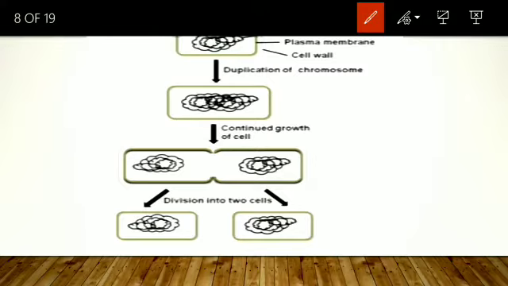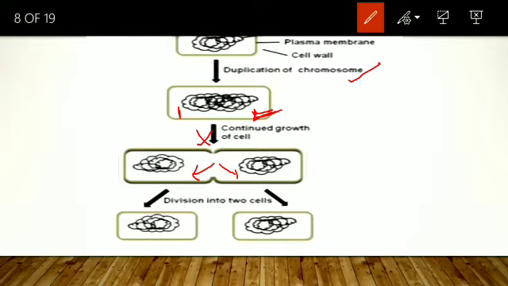So duplication of chromosomes is occurring. Duplication of chromosomes, that means doubling of DNA is happening. This is also called the replication process. This is one DNA and this is the second DNA that is formed inside the bacteria. And then what happened? A transverse septum is formed, and the DNA is distributed here to here.